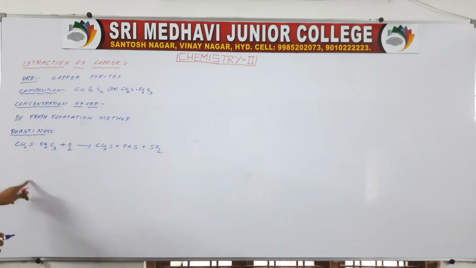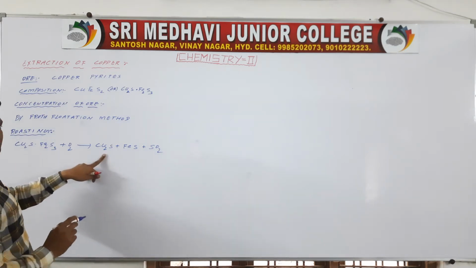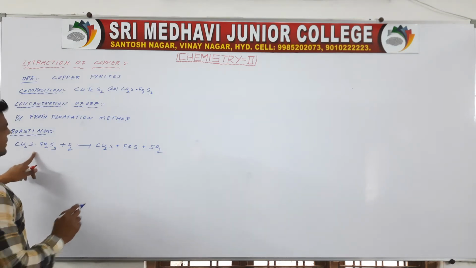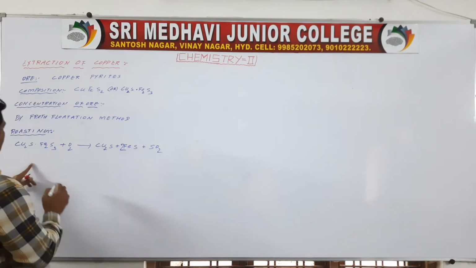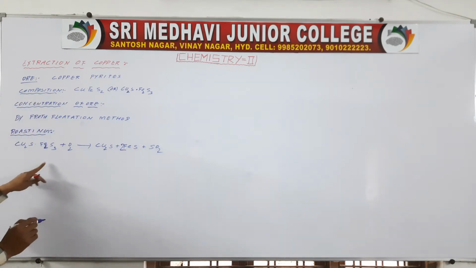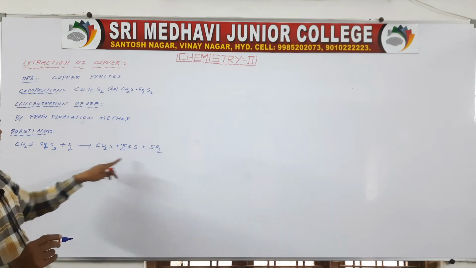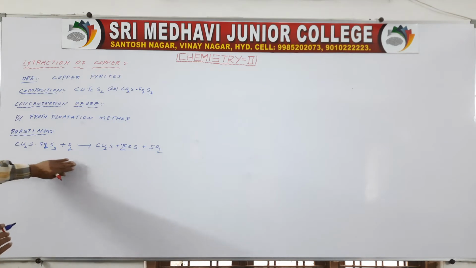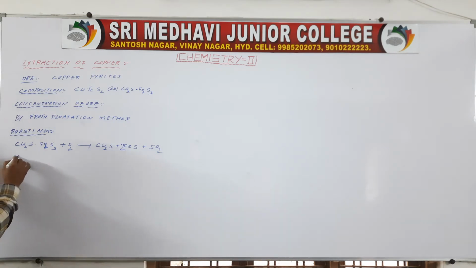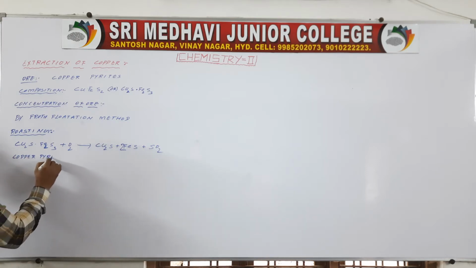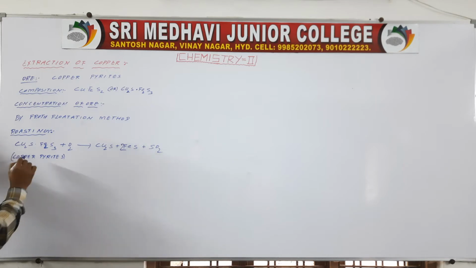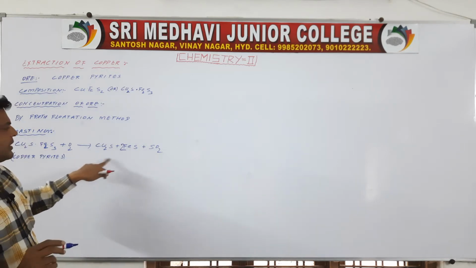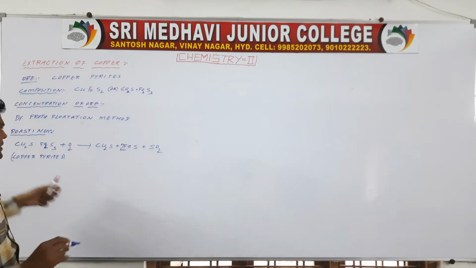Here the oxygens are balanced. So on roasting, copper pyrites gives copper sulfide, ferrous sulfide and sulfur dioxide.